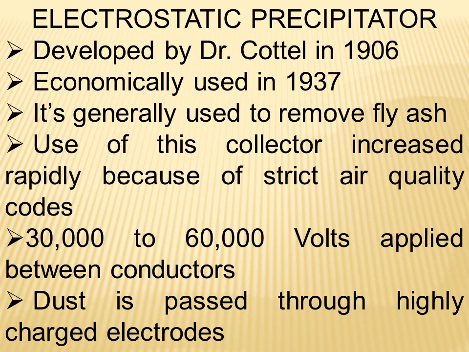This was the real beginning of industrial application of the electrostatic precipitator. In this system, the particles in the air stream are charged using corona discharge and then collected on the grounded plate through Coulombic attraction.